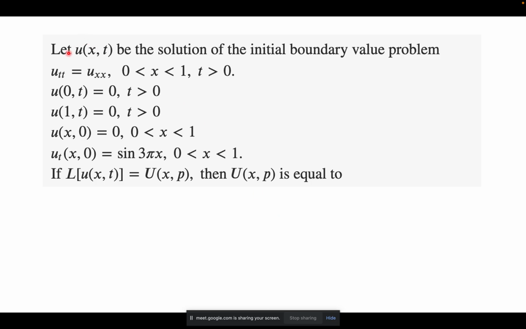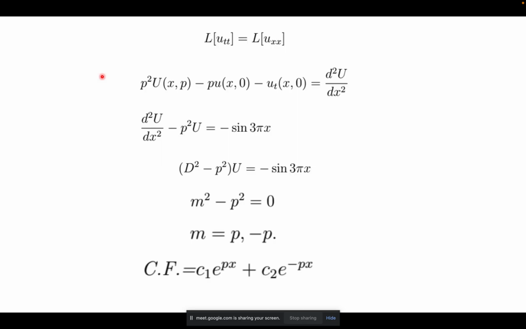So first, you are given this equation: d square u by dt square is equal to d square u by dx square, right? So what you can do, again, you can take the Laplace transform of both sides. This you have learned in class, right?